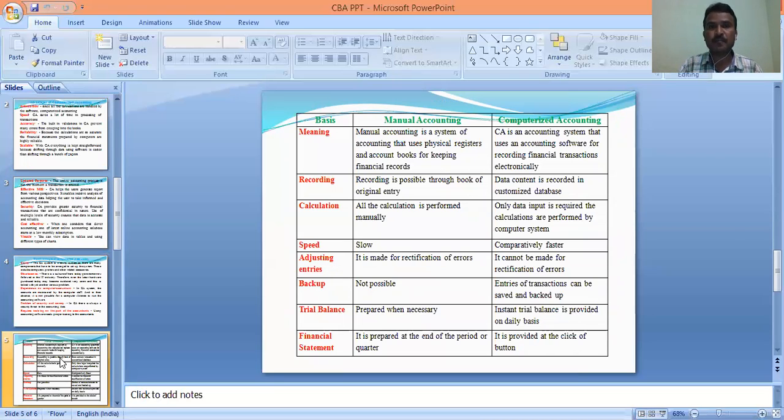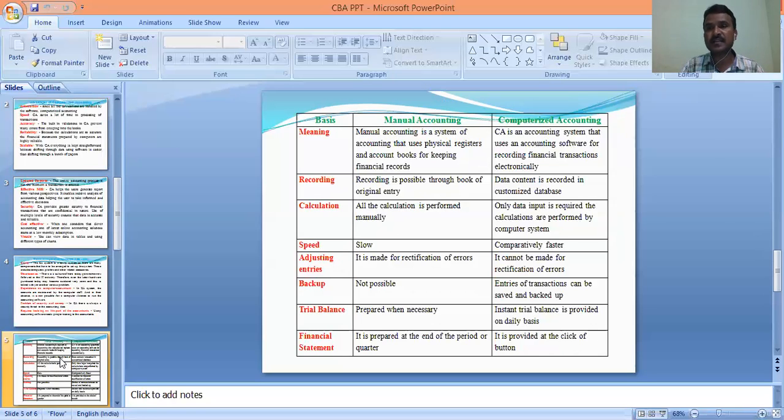First, in terms of meaning, manual accounting is a process of recording financial transactions in bookkeeping, classifying and summarizing them, and preparing the statements. For the preparation of the statements, accountants use physical registers and account books for keeping the financial transactions.